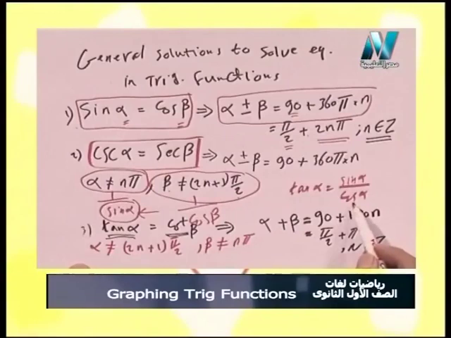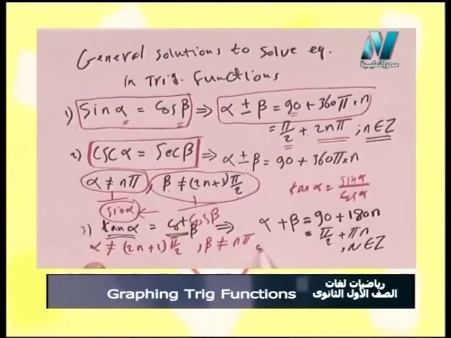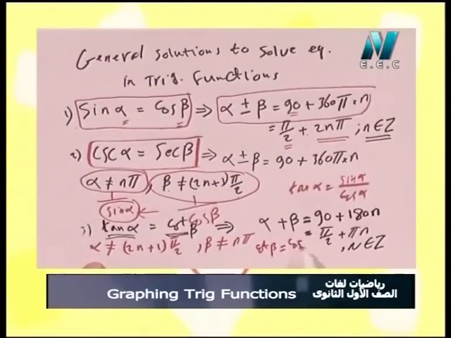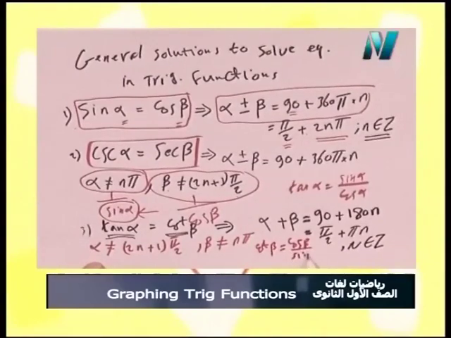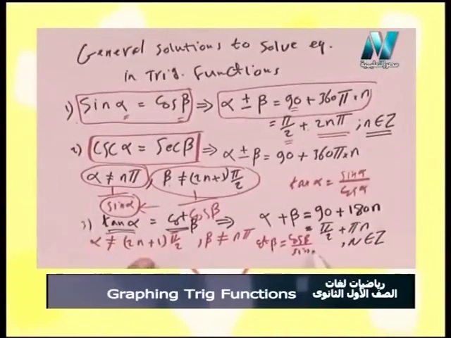So it's forbidden for alpha to be (2n plus 1) pi over 2. And we know that cotan beta equals cosine beta over sine beta, and it's forbidden for sine to be 0. The values that make sine beta equal 0 are n pi, as we said before.